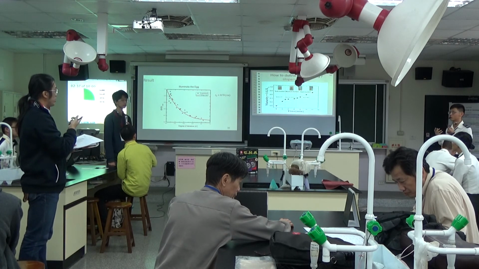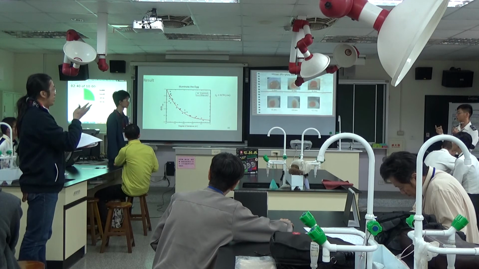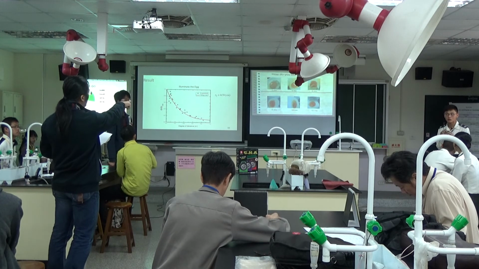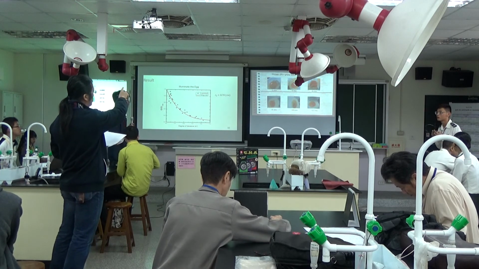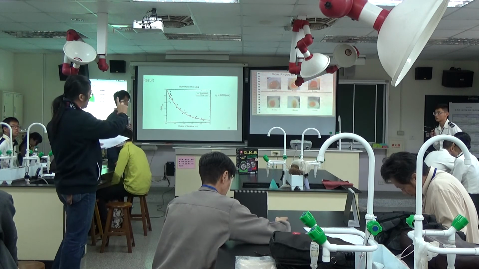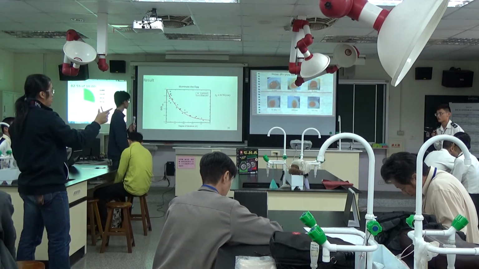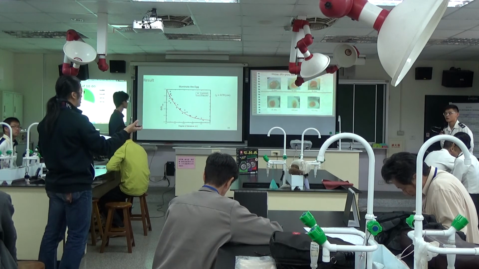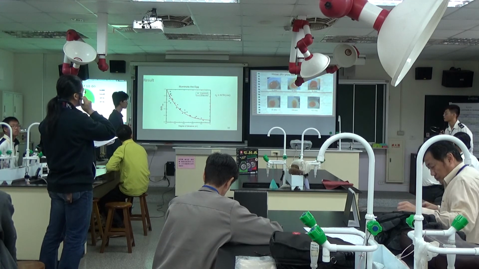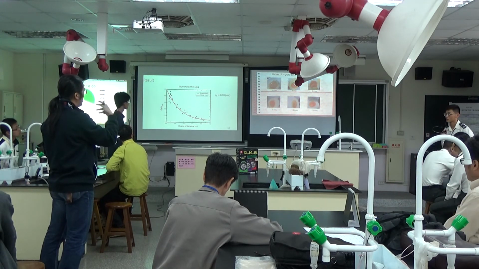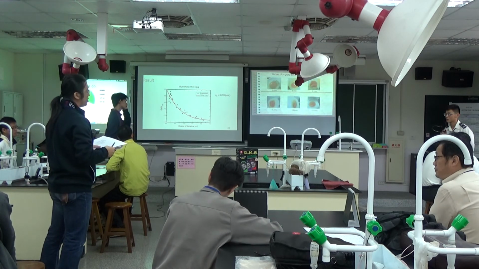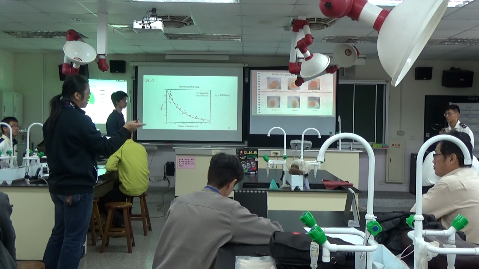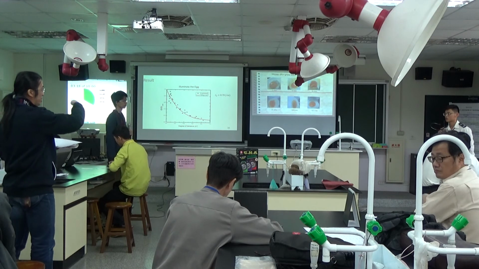You get a result where maturity is a function of time. So did you try to cook an egg for, for example, 8 minutes? Then according to your graph, it should be something like 70% or 80% mature.